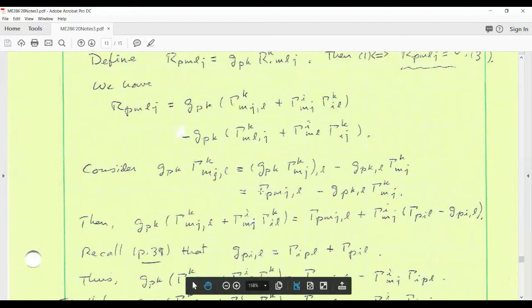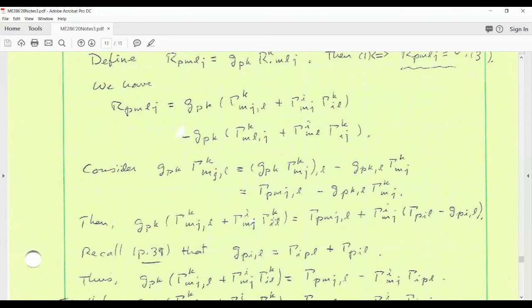Look back in your notes, we defined a connection symbol with all indices downstairs to simply be the index lowered version of these original connection symbols. So we'll do that here. Take the comma L as indicated, then repeat this. What I need is this combination. So let's look at the top line.